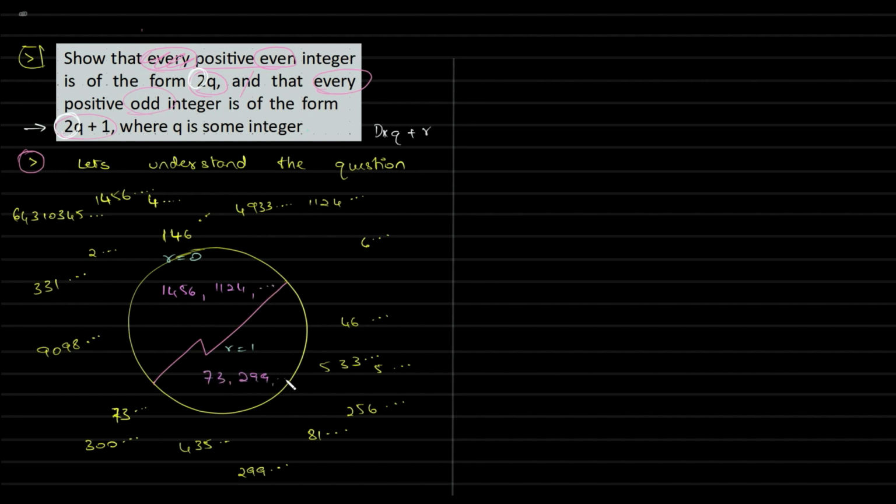Again, these are just a few countable numbers. But when we talk about every possible even integer and odd integer, we can't use a traditional way. I can't just pick a certain set of numbers and say this is what we are observing. That is not possible. Here we are talking about everything.